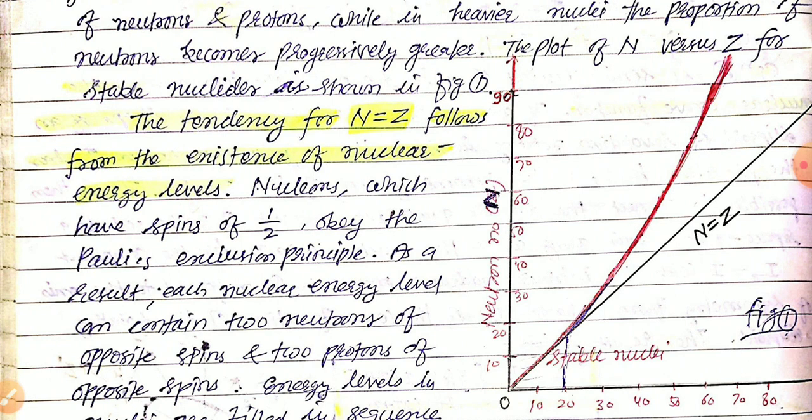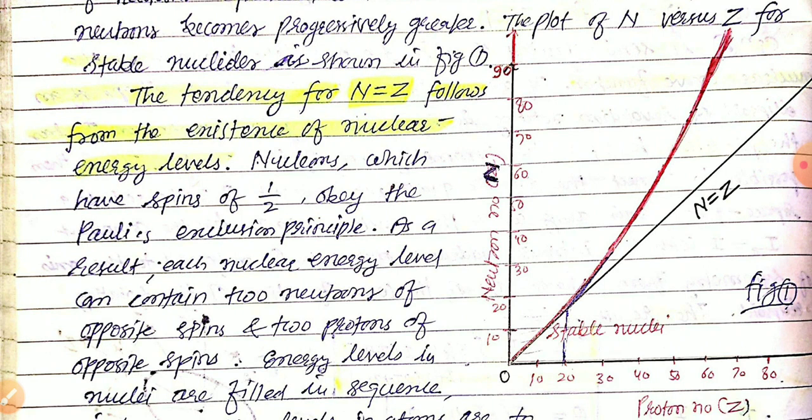start from this graph. In this graph, you can see that the graph is plotted between the proton number Z and the neutron number N, shown in figure 1. This graph shows two different lines. One is a straight line and the other is a little bit in the shape of a curve.